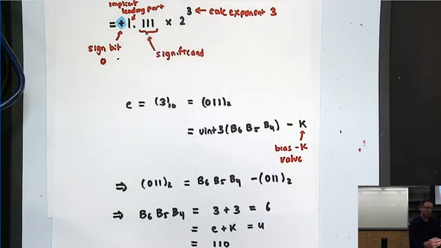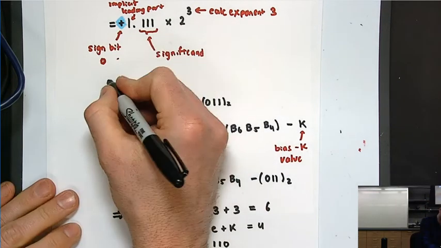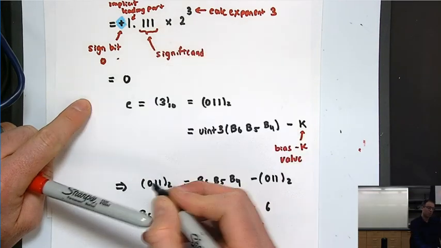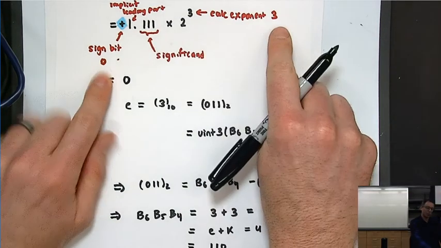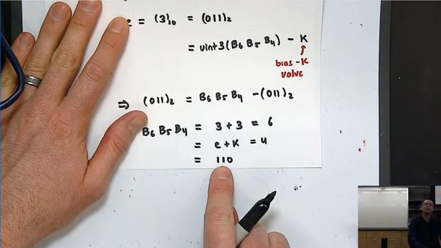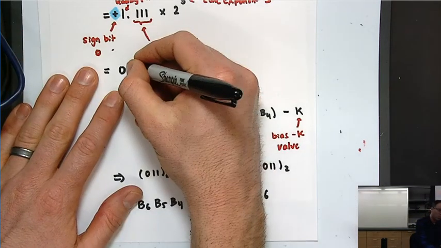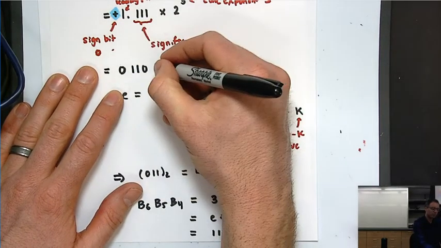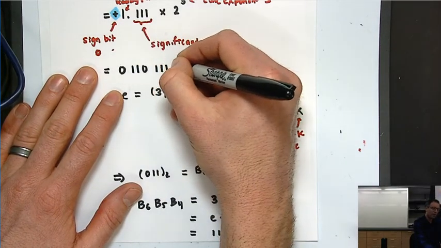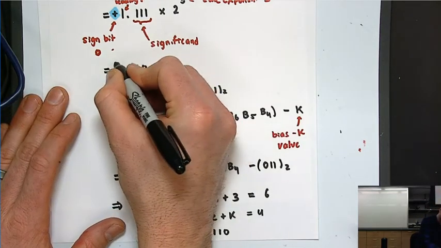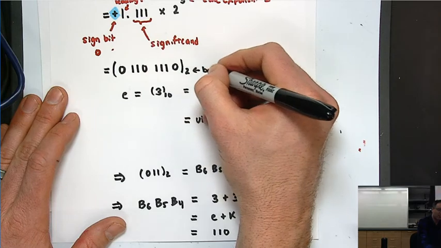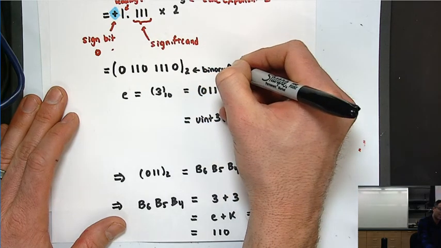What's the value of the fractional part? So if I think about this in binary 8, 0 for the sign bit. What's the exponent field? What did we claim about the exponent field? 1, 1, 0. How about the fractional part? 1, 1, 1, 0. This now is a binary representation, but in particular, this is what we call binary 8.